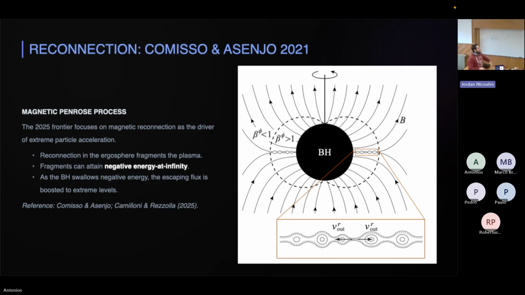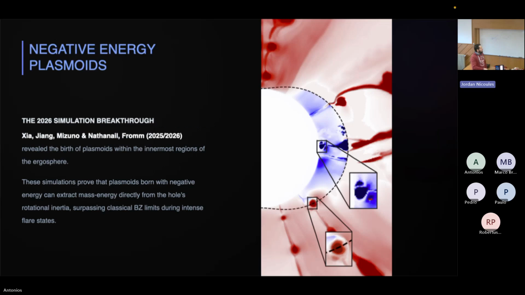So at the same time that I was trying to do these plasmoids close to the black hole, Comisso and Asenjo in 2021 said, okay, this is a different magnetic Penrose process, where you have plasmoids born, one with negative energy goes to the black hole and the other with positive energy goes to infinity, and this is a totally different mechanism than Blandford-Znajek to extract energy from the black hole.